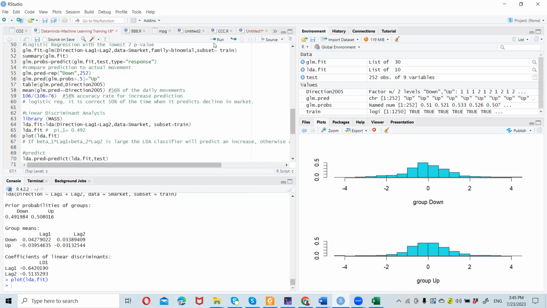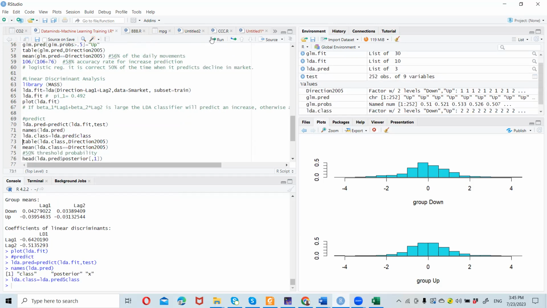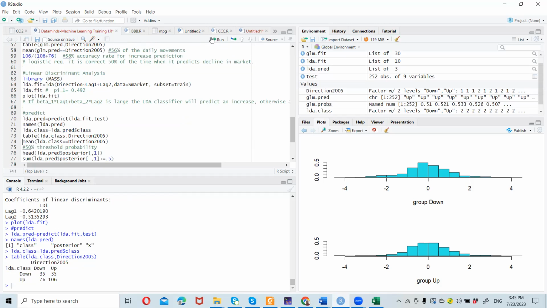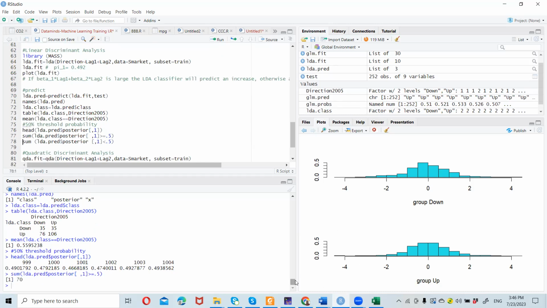Predict now, line 70. Okay. Now, looking at this, we can see the threshold probability, the probability of predicting accurately.